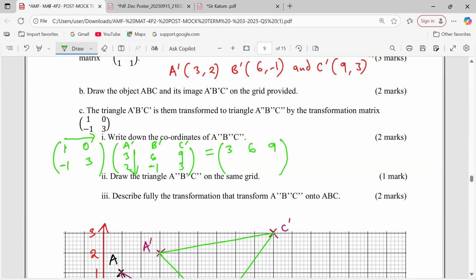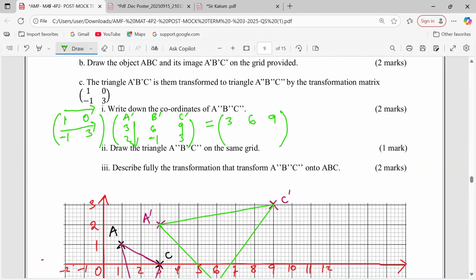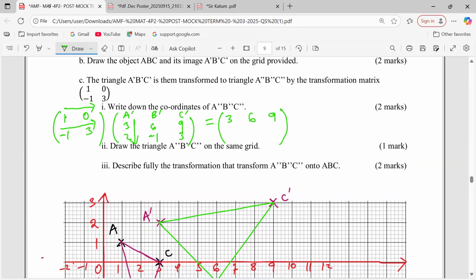Then we proceed to the y, whereby we should use the second row in the transformation matrix times the first column. Negative 1 by 3 and 3 by 2. So negative 3 plus 6, giving us 3. Then the same row and the next column here, whereby we will talk about negative 1 by 6 and 3 by negative 1.